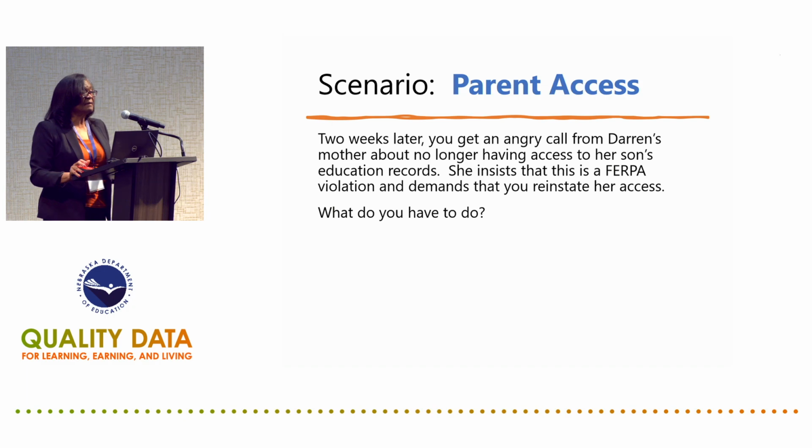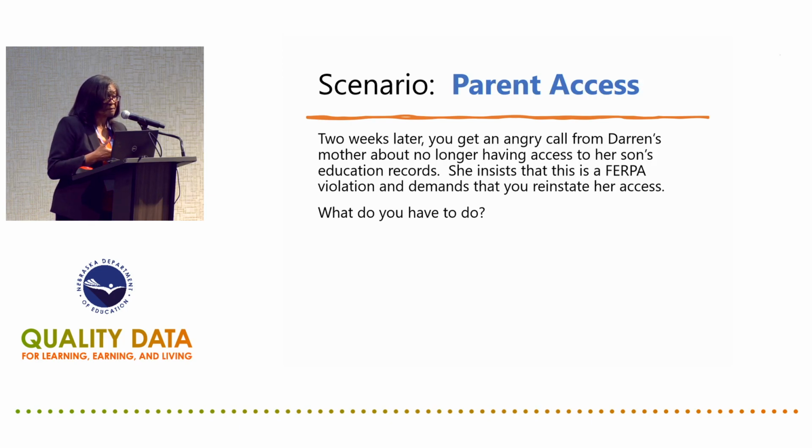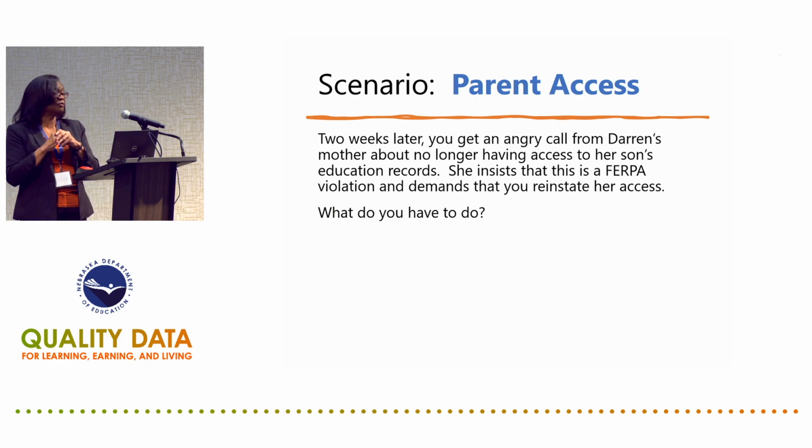She's still claiming him. And if the school desires to share information with her, they may. They don't have to. They are allowed to. But Darren is the one that's 18 and has the FERPA rights. And Darren is saying, please remove that parent portal access.